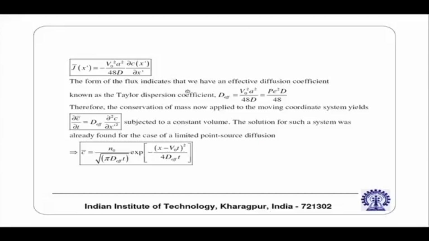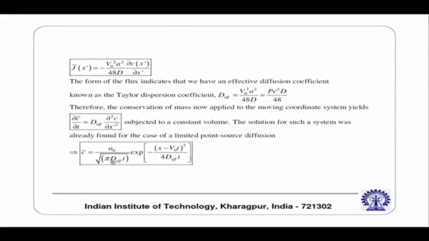So D effective, this J relates to Fick's law, J is equal to minus D effective into the concentration gradient. So here you have D effective is equal to V0 A square by 48 D, which is Peclet number square D by 48. Now when you have this equation, you can get the solution for the point source.